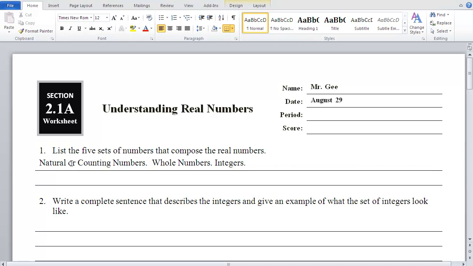The integers. The next set is defined as 2 integers, written a divided by b, where b is not 0, because we can't have an undefined number, right? You can't have division by 0, and those numbers are the rational numbers.